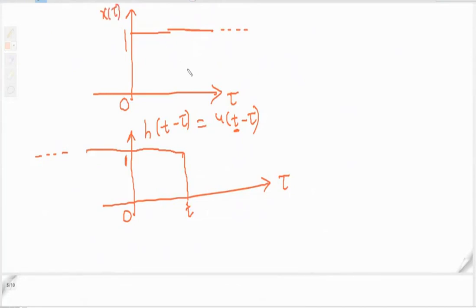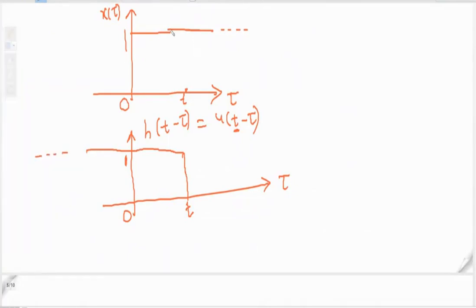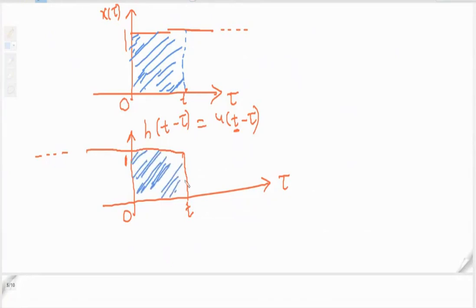Yes, there is overlap, between 0 and t. Now our integration will give us some answer because there is overlap between these two signals. The overlap is from 0 to t.